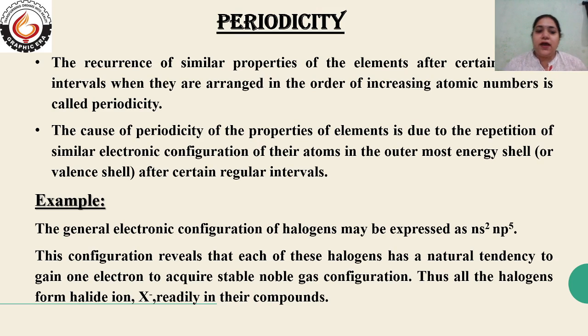That's why all the halogens form halides, where X represents any halogen, with a single negative charge. So it readily forms a halide ion because it has a tendency to gain 1 electron. Clear? Similarly, all the elements present in the same group have a similar electronic configuration of the outermost shell.